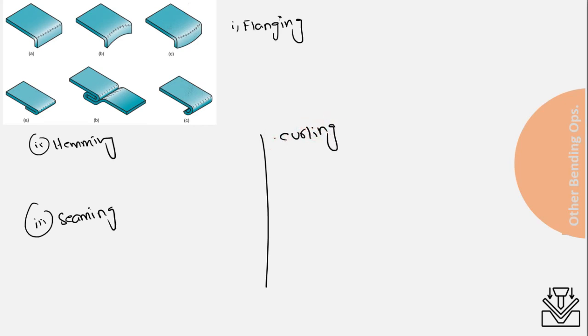What is flanging? Flange is to bend something at an angle of 90 degrees. That is simply called a flange. For the sake of assembly, you must have studied in the subject of fluid mechanics the flange or the flange joint. So we have a pipe that is bent at an angle of 90 degrees from the end, like this.